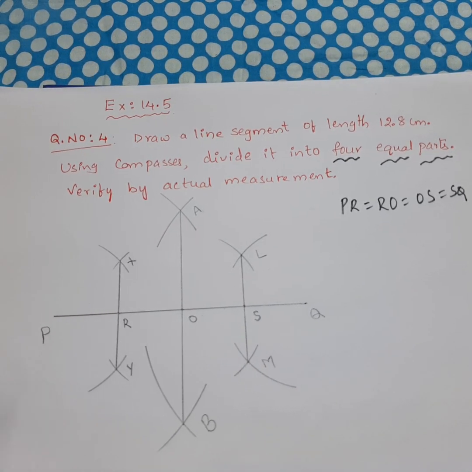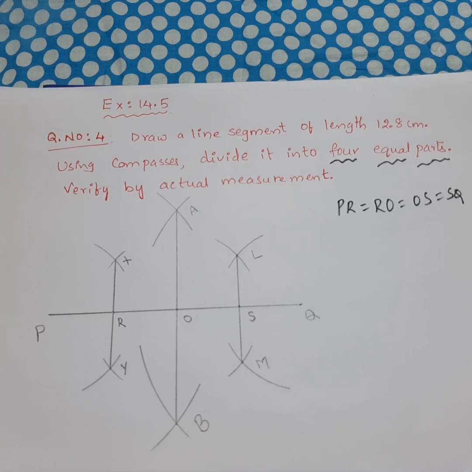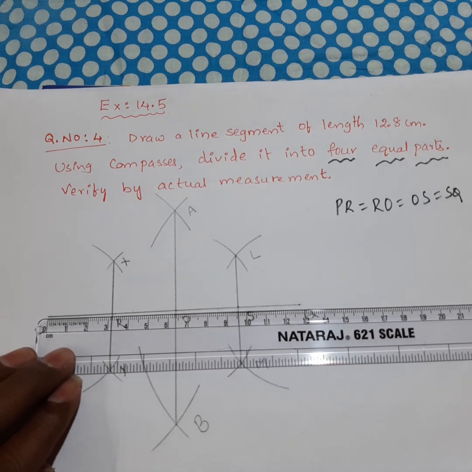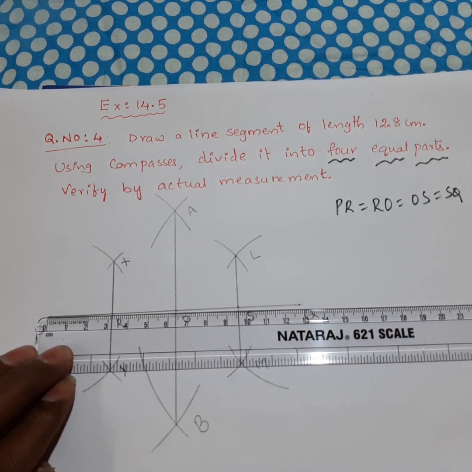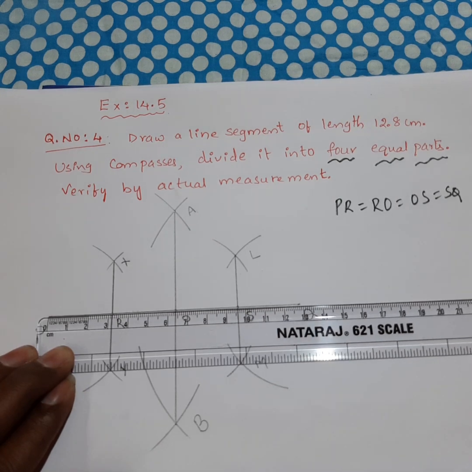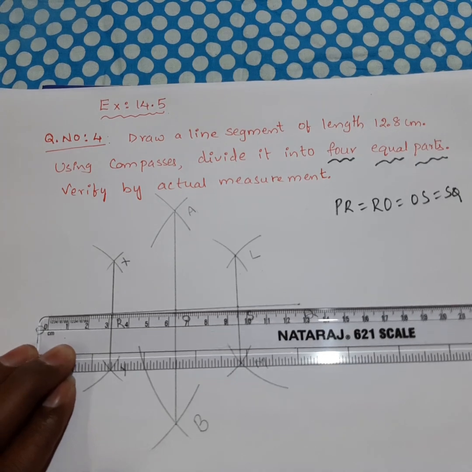So how to measure here? By using a ruler, a scale, we need to measure these line segments. First of all, I am going to measure PR. PR is exactly 3.2 centimeters.